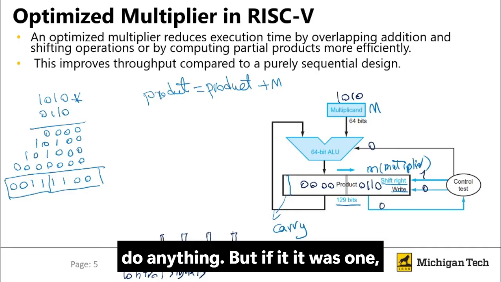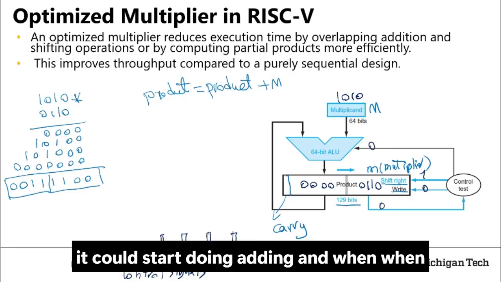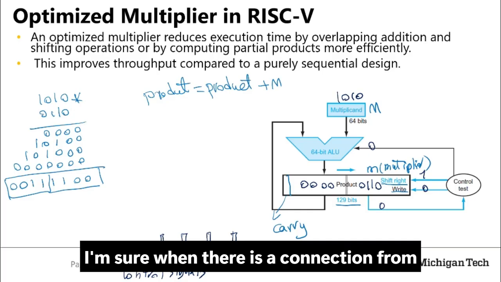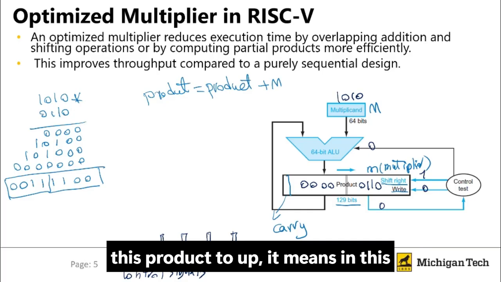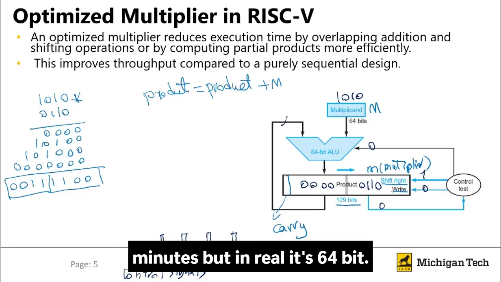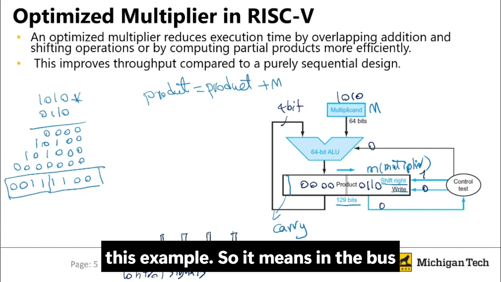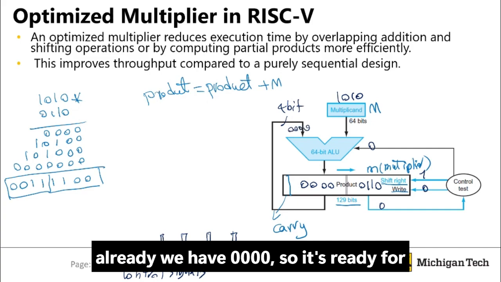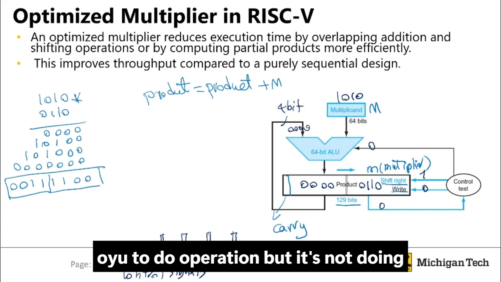If it was 1, it could start adding. There is a connection from this product up, and this is a bus. Here it is 4 bits, but in real life it is 64 bits. I just consider 4 bits in this example. So in the bus we already have 0 0 0 0. It's ready for the ALU to do an operation, but it's not doing anything. Why?